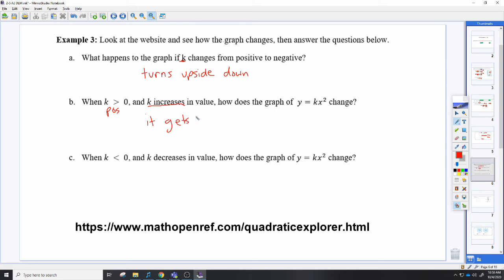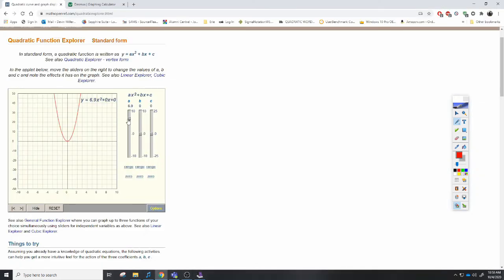I'll say it gets skinnier. It starts out kind of wider, but then it gets flattened out. It's not as much of a U shape even when you get that high. We can even go all the way up to 10 where it gets really, really tiny. So as we get closer to that 1.5, it becomes more of a U shape.